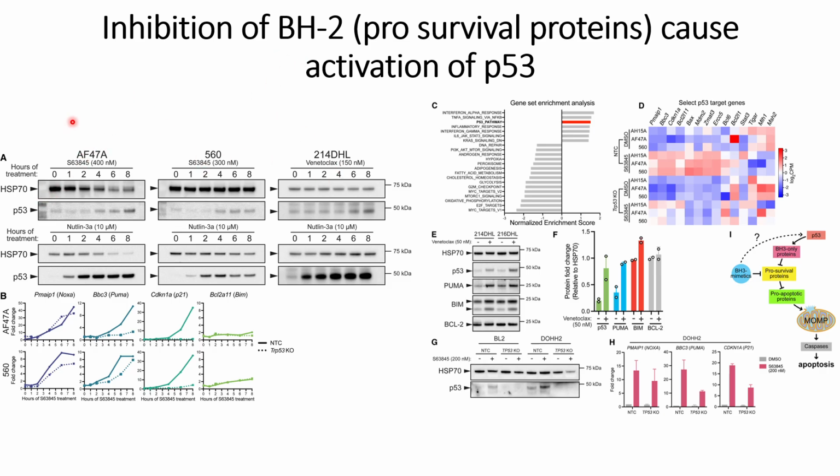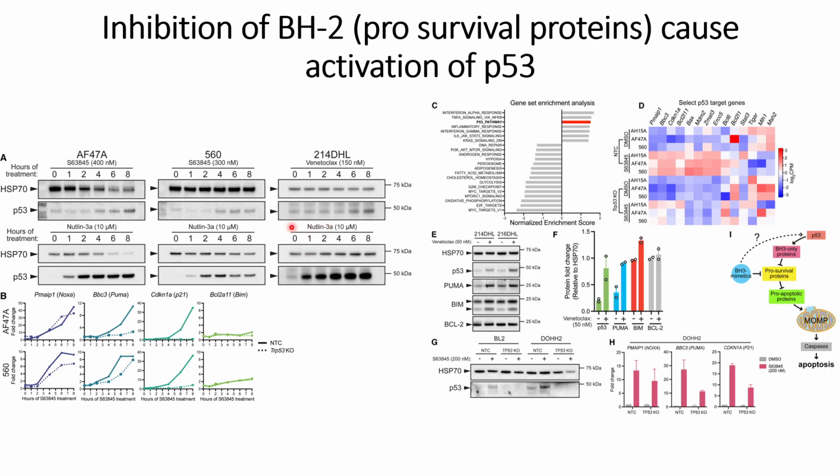And what they found is that when they inhibit these BH2 survival proteins using the inhibitors, they can see the activation of p53 after 4 hours in AF47A, and in the 214 DHL cell line they usually see the activation after 6 hours. After 6 hours the signals seem quite clear.